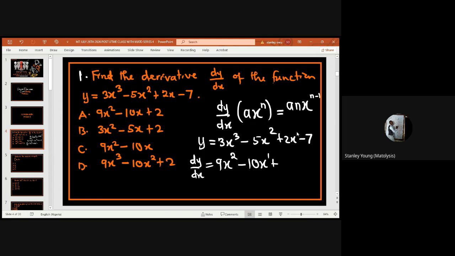Plus 2 times 1 is 2, subtract 1 from 1, that's 0. Now, 7 is as good as writing 7x to the power of 0, so if you multiply that, you get 0. So your final result here is 9x squared minus 10x, plus 2, since x to the power of 0 means 1. And your final answer is option A.